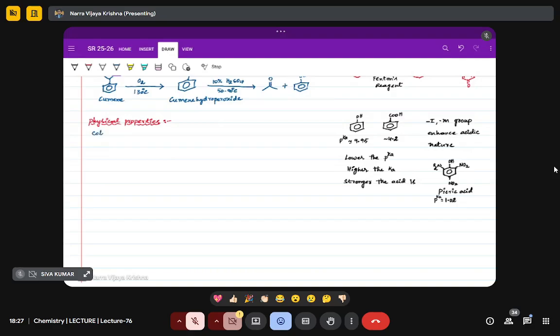It is a colorless solid. And one more thing, when you take a beaker of phenol compound, it seems to be a colorless solid. Before using it, I need to heat it. If I heat, it will convert into liquid. Once it converts into liquid, it will never convert back to solid, right?